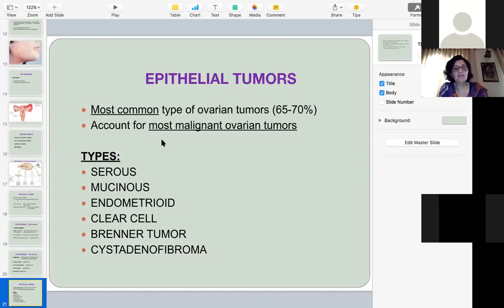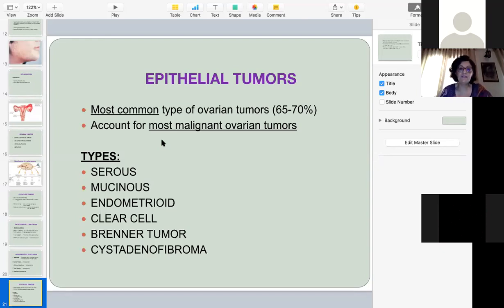Okay, coming to the surface epithelial tumors, as we said, these are the most common type of ovarian tumors, and they account for about 65 to 70% of all ovarian tumors. They also account for the most malignant ovarian tumors. So not only are they the most common benign tumors, but they're also the most common malignant tumors.